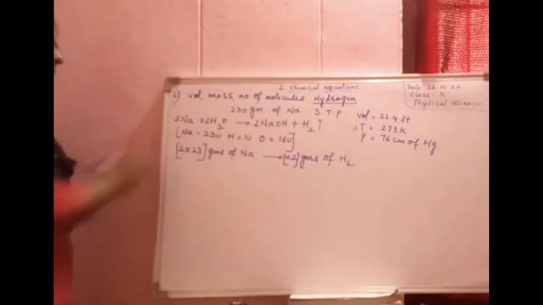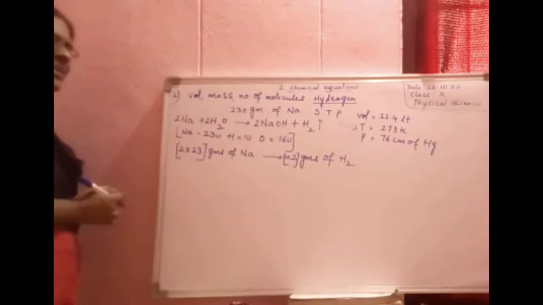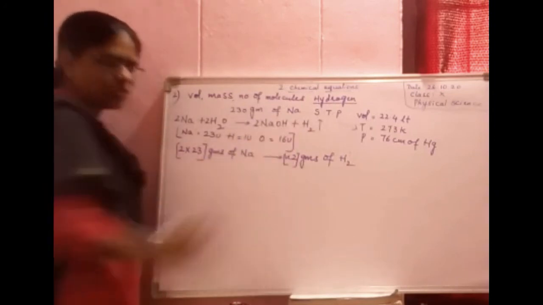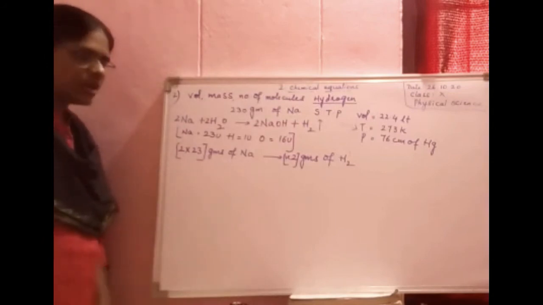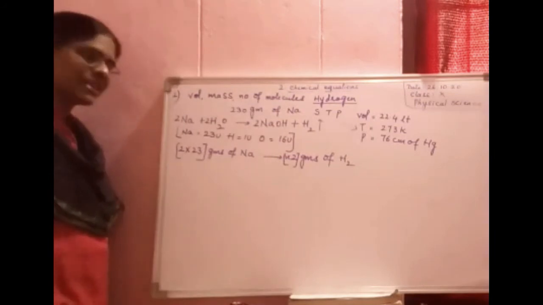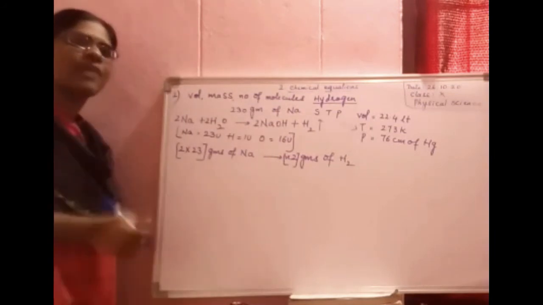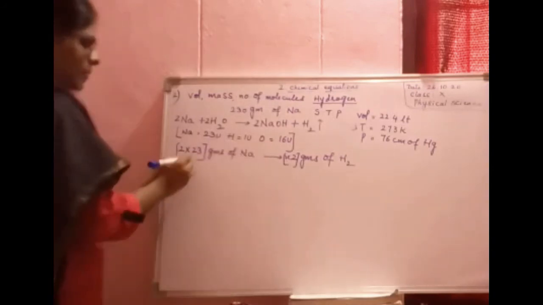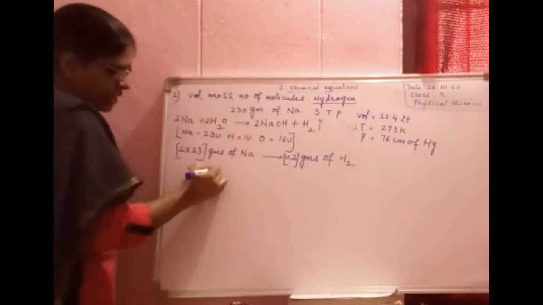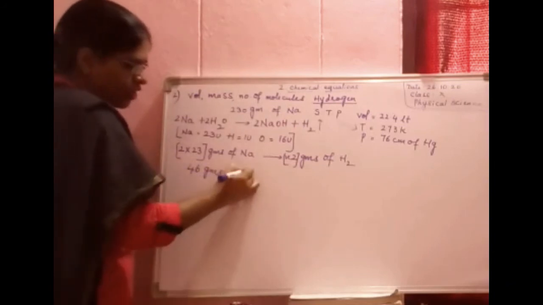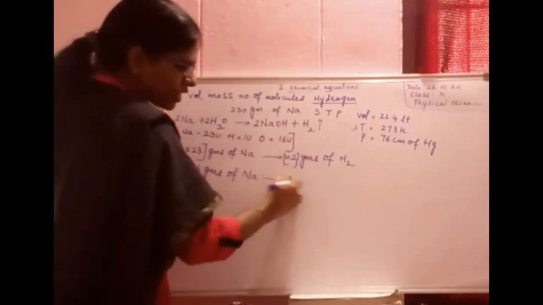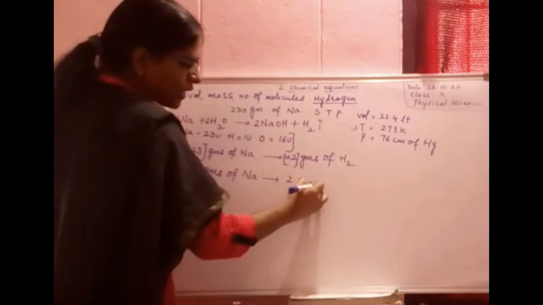Here 2 sodiums, hence I have multiplied with 2. Here 2 hydrogens, hence I have multiplied 1 into 2. Now from this, 2 into 23 is 46 grams of sodium giving you 2 grams of hydrogen.